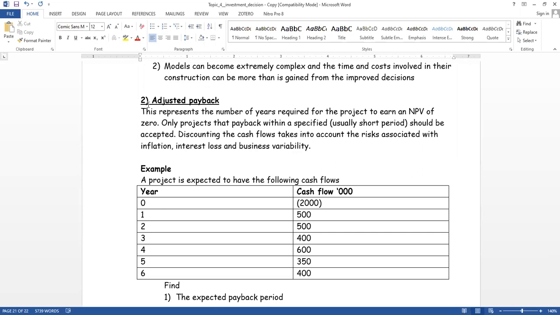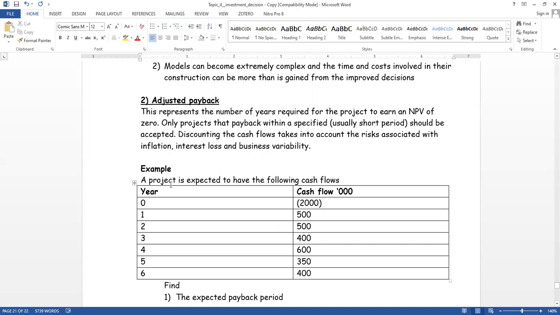So that the risk associated with those cash flows changing due to inflation or interest loss and business variability is taken into consideration. And of course, if you use adjusted payback, only projects that pay back within a specified, in other words short, period will be taken.